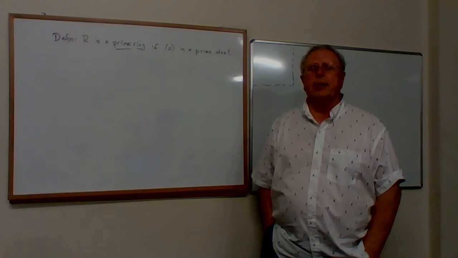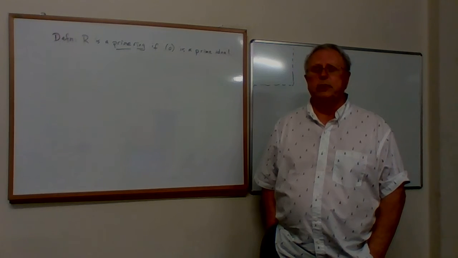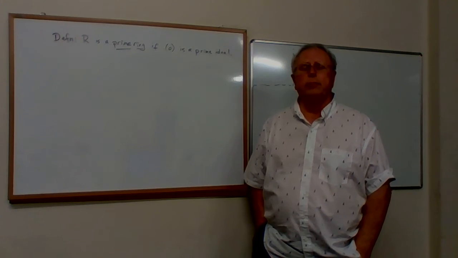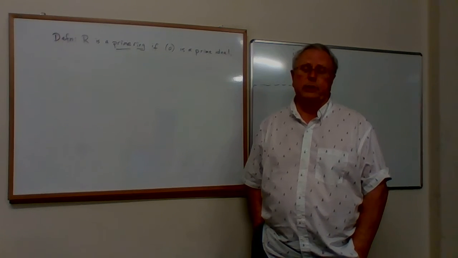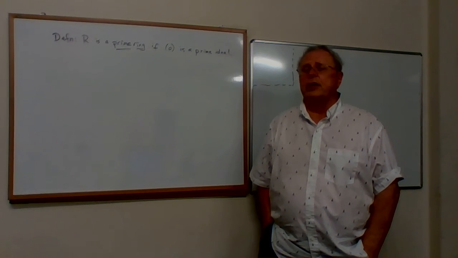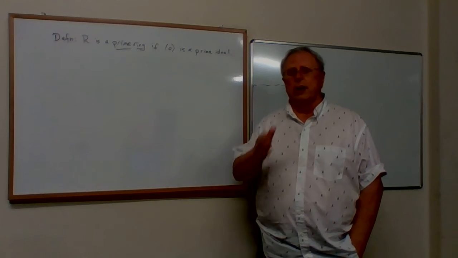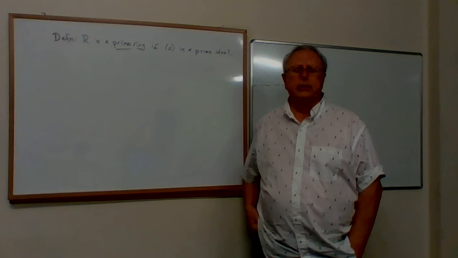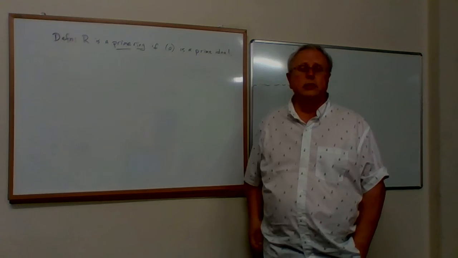And of course, the prime ideals of Z are the ideals that are generated by primes. In other words, they're all of the integral multiples of a prime element. The only prime ideals in Z are pZ, where p is some prime integer, and the zero ideal.